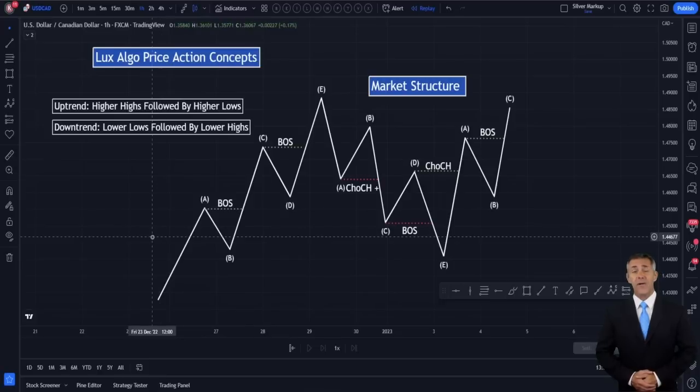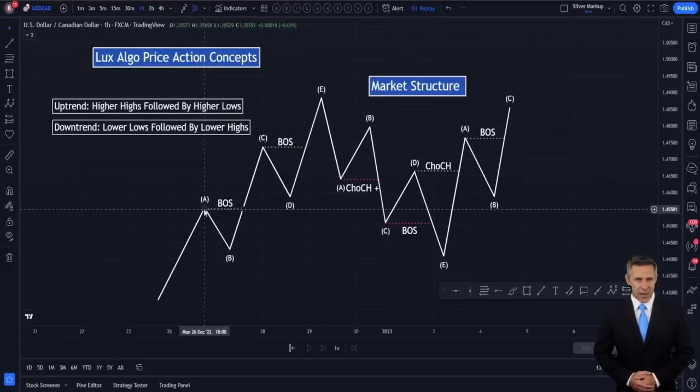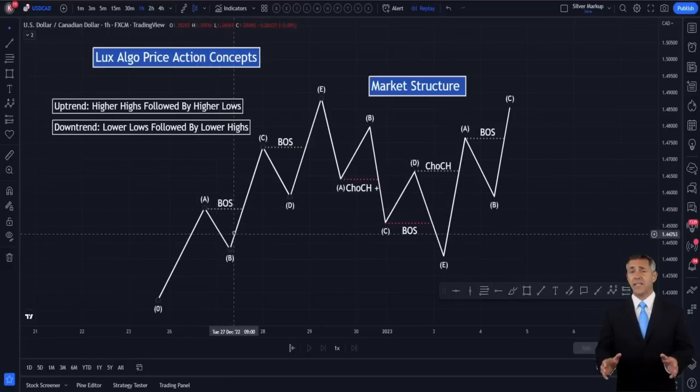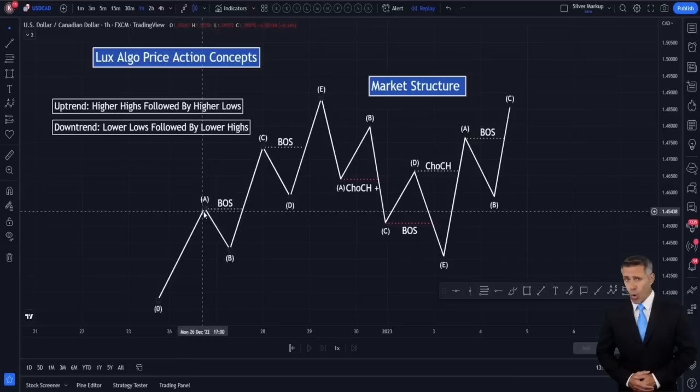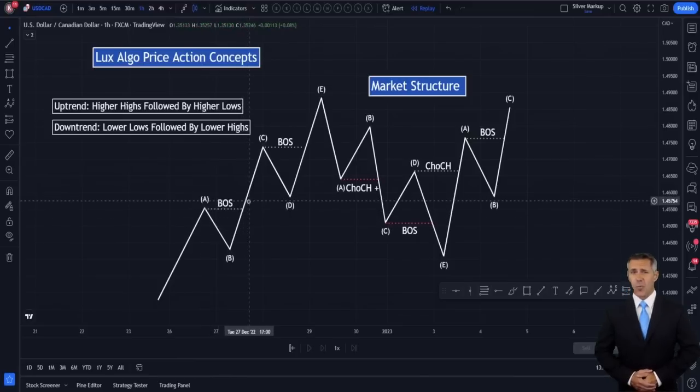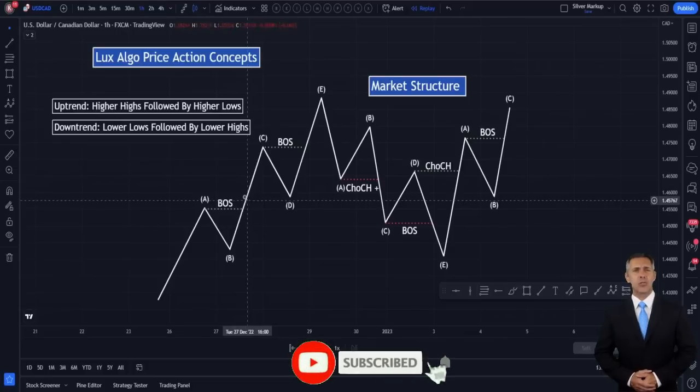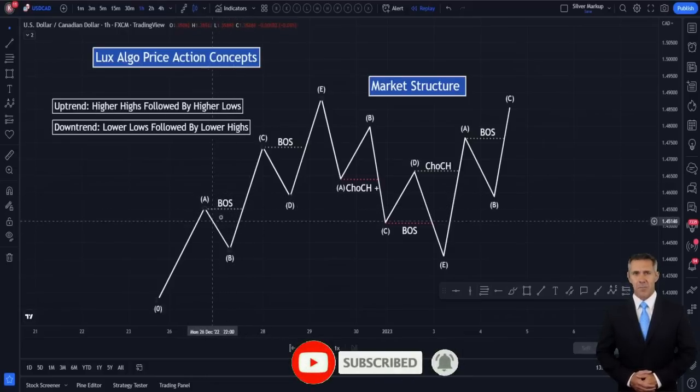And a break of structure is just where a key point gets broken to continue the trend. So a key point being this previous high. So the market makes this high, it retraces, and then it breaks that high to start to create the next higher high. So in that breakage of that high, that's called a break of structure.